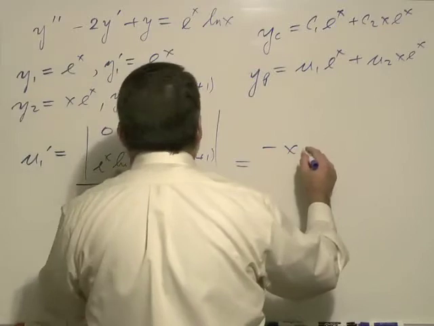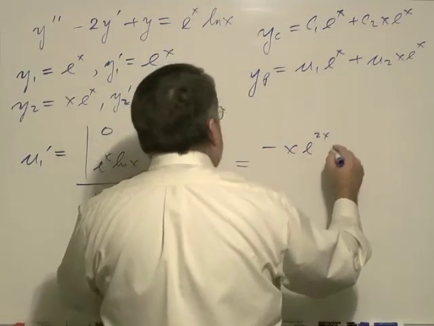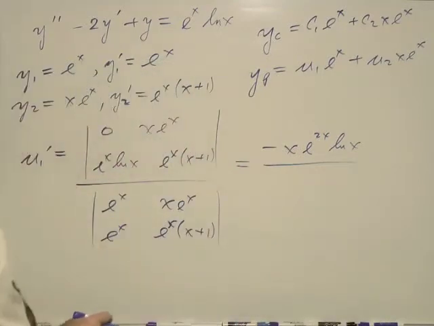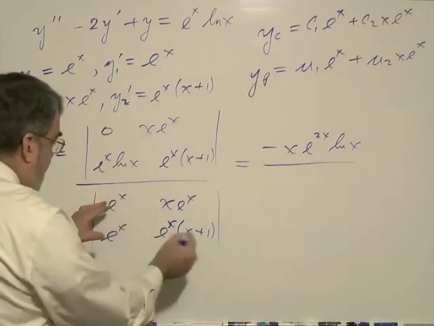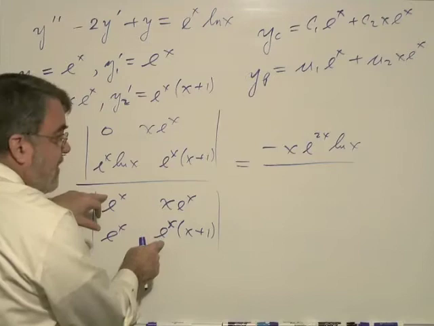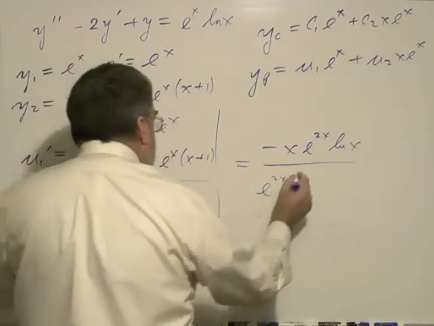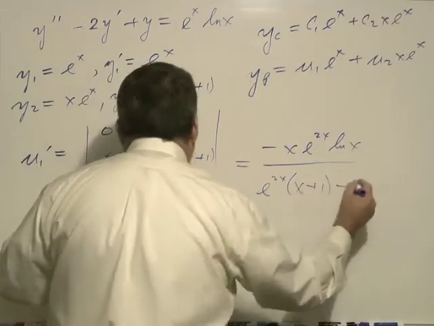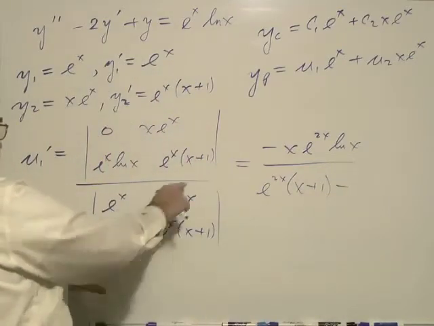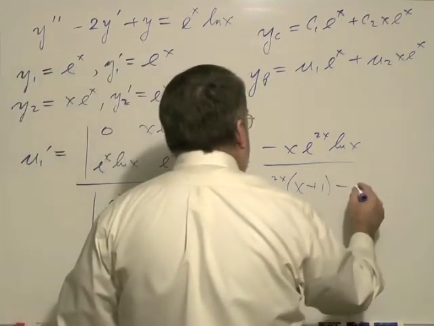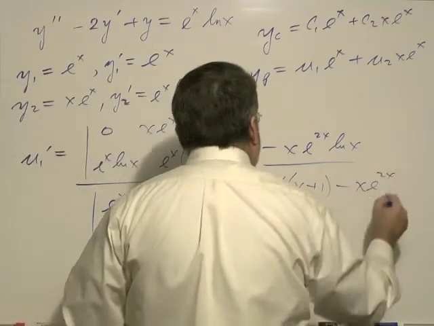We add exponents. e^(2x) times ln x, divided by this product, e^x times e^x, that's e^(2x) times (x + 1), minus this product, going backwards, x e^(2x).